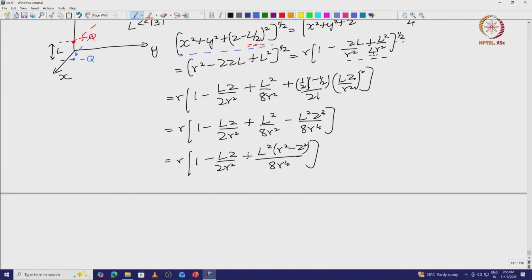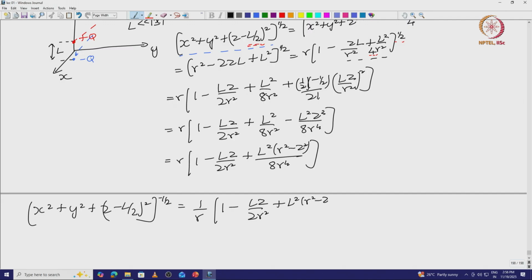Therefore, (x² + y² + (z − L/2)²) to the power minus half is equal to 1 by r into (1 − Lz by 2r² + L² into (r² − z²) by 8r⁴) whole inverse, the inverse of this.